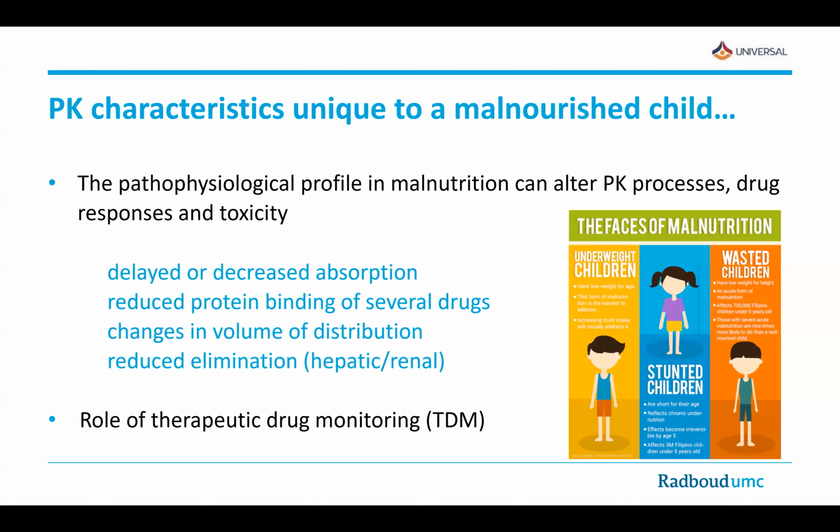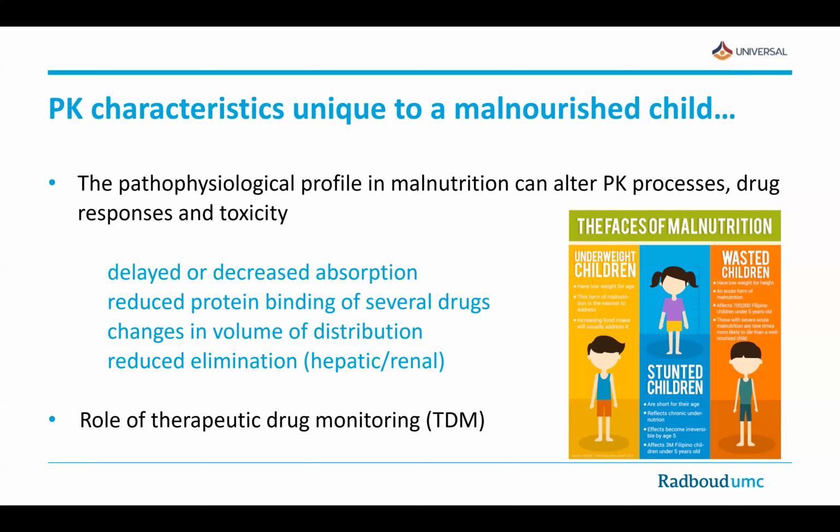For example, when a child is malnourished. The pathophysiological profile of a malnourished child can influence the pharmacokinetics, but also the response to a drug or the level of toxicity. This can be caused by delayed or decreased absorption, for example, or reduced protein binding, changes in volume of distribution, or reduced elimination of the drug.